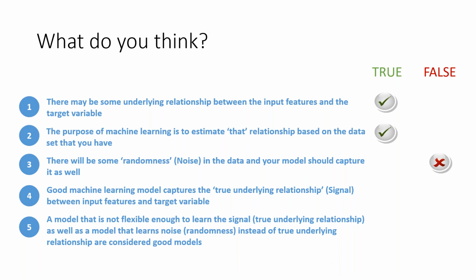Those who are saying true, please think once more. I'll read it for you. There will be some randomness in any data. That is noise. Like in our mouse example also, there are some mice of bad health. They are not growing in weight, so they are a little bit outliers. If you build understanding about the trend, then you will capture that also.